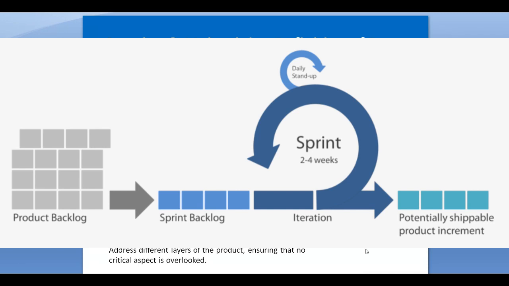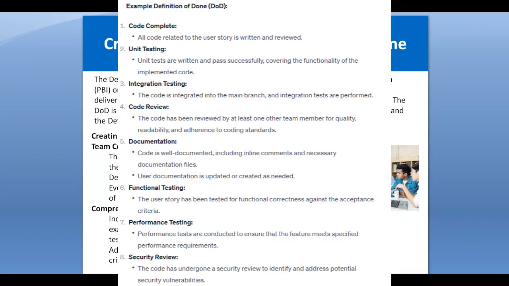Now the definition of done means the criteria at which we will consider that a particular requirement or feature has been completed. A user story is also called a particular feature required for a product. When a sprint starts, the team is working on the different features required for a product.